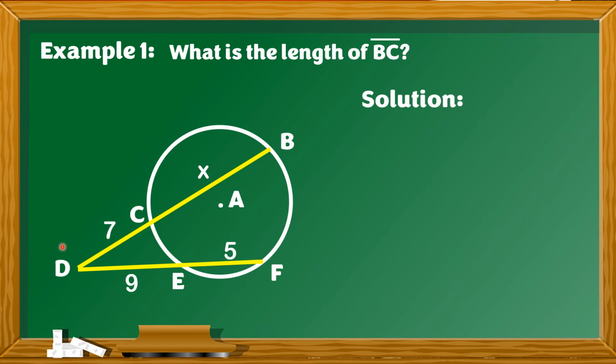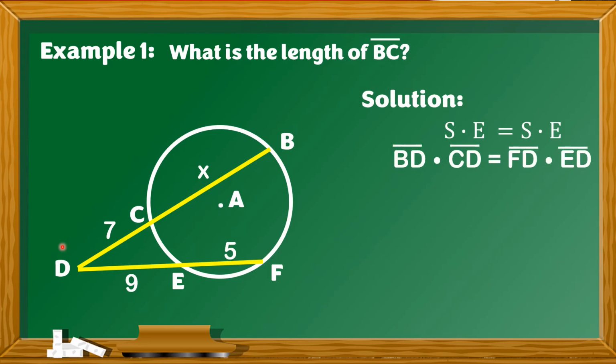For the solution, first we're going to write the equation applying the theorem on segments of secants. So we have S, that is for secant, times E, that is for external segment. S times E is equal to S times E. So here we have line segment BD, that is the secant, and the external is line segment CD. And then line segment FD is the secant, and the external is line segment ED.